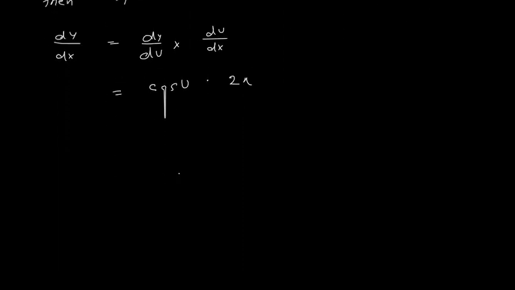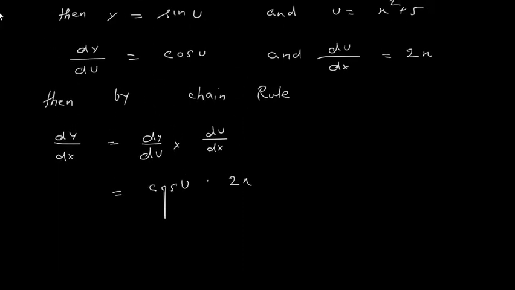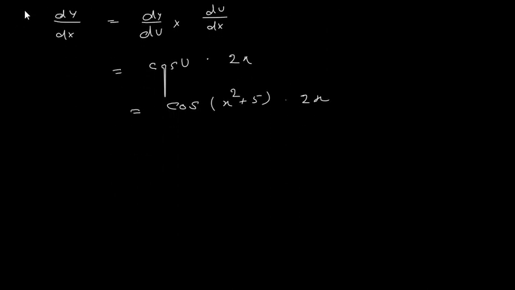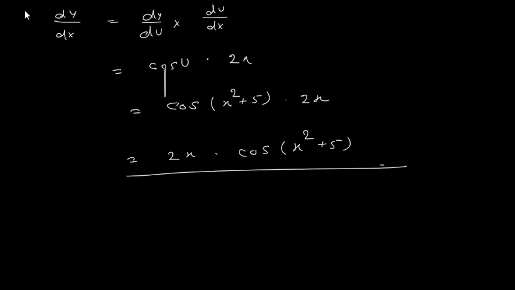Now cos u is cos, in place of u I have x square plus 5, into 2x. So your final answer will be 2x into cos of x square plus 5. Okay, so this is how you find dy upon dx.